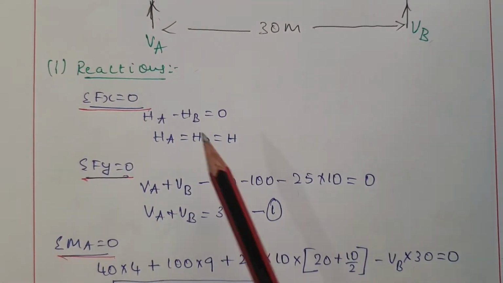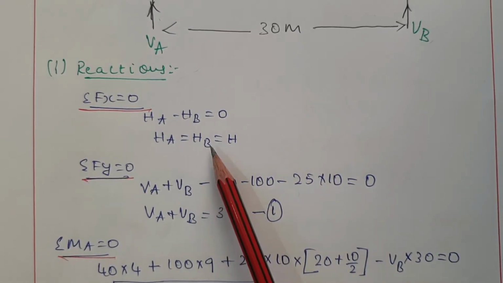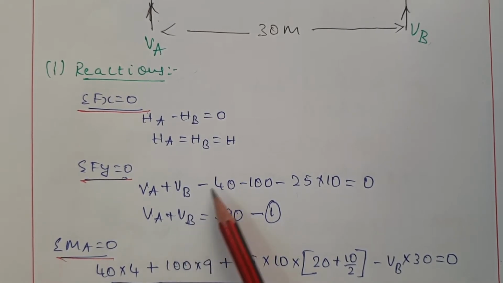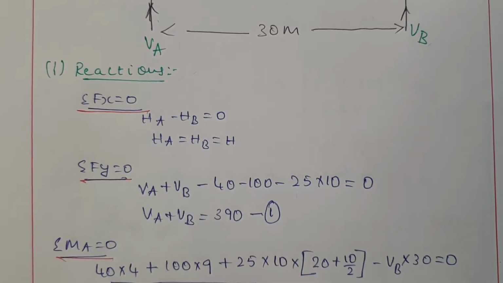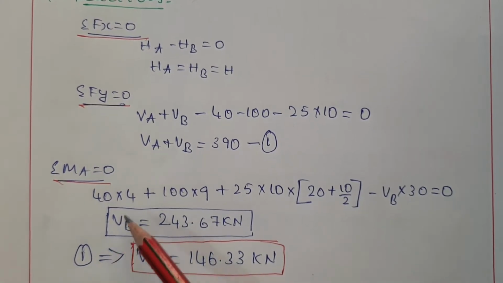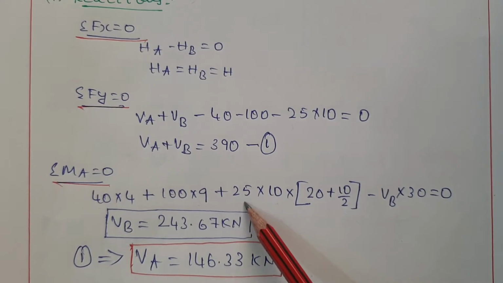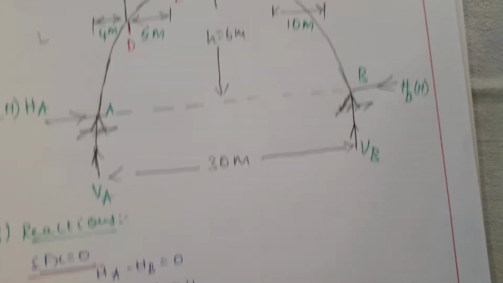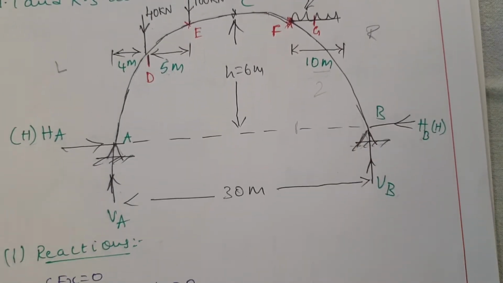So for reaction, sum of Fx equal to 0, then HA equals HB equals H. Sum of Fy equal to 0: these two forces are moving upwards, these three are acting downwards, so it will be 390. Then I am considering moment at A equal to 0: 40 into 4, 100 into 9, clockwise positive, 25 into 10 the magnitude of UDL, and the centroidal distance is 20 plus 10 divided by 2.